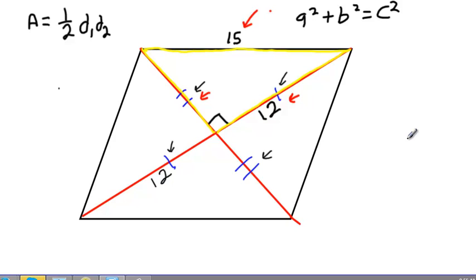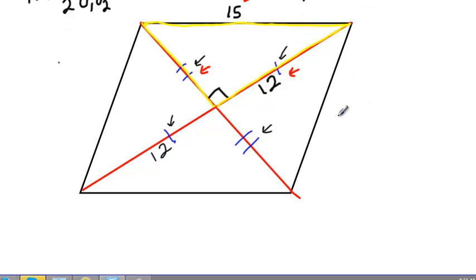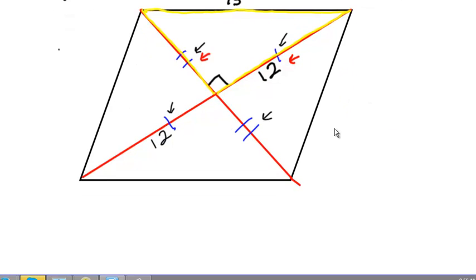So let me scroll down a little bit. I know that a squared plus b squared, well, b squared in this case is 12, equals c squared, which is 15 squared.